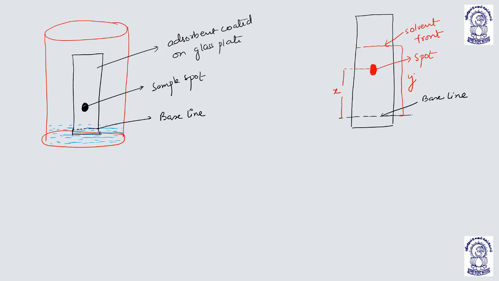So this x and y ratio will give us the retention factor. This is the chromatogram in thin layer chromatography, the developed chromatogram.